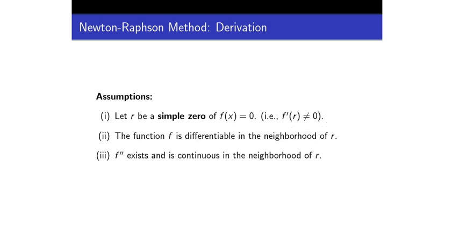The third important thing is that the second derivative exists and is continuous in the neighborhood of r. So f and f dash are differentiable in the neighborhood, and the second derivative exists and is continuous. You require the second derivative continuity, right?